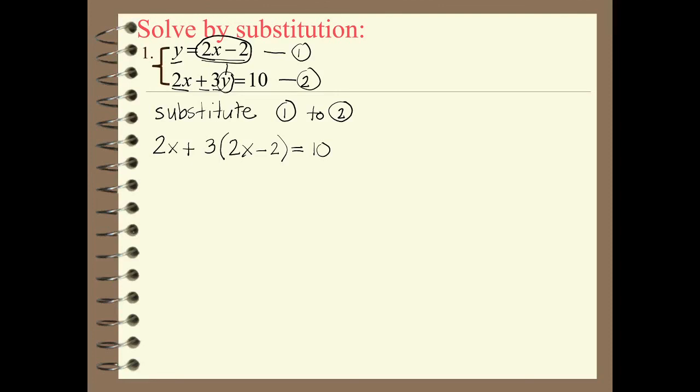Is this clear? Okay, now let's simplify. Let's do distributive property first. So distribute 3, that's 6x. Distribute 3 again, minus 6. That's equal to 10. Now transpose this, that becomes plus 6.